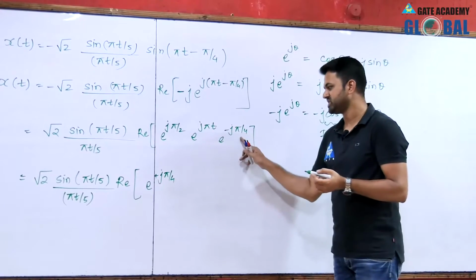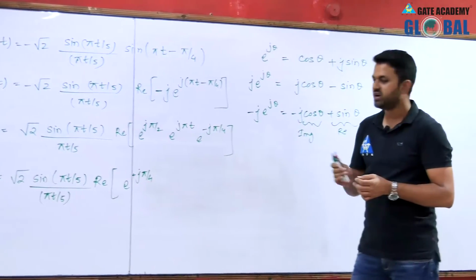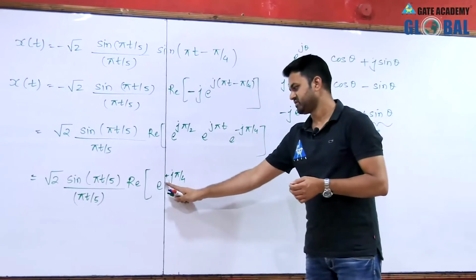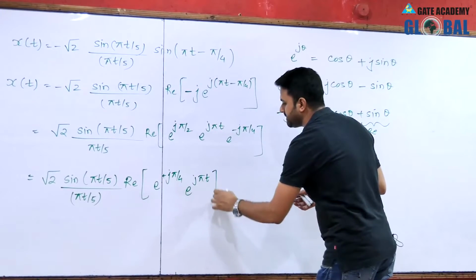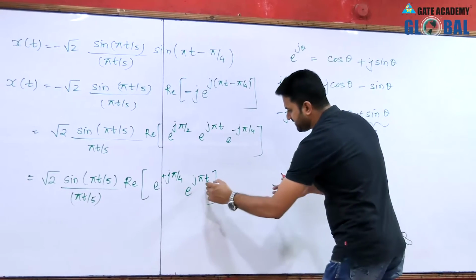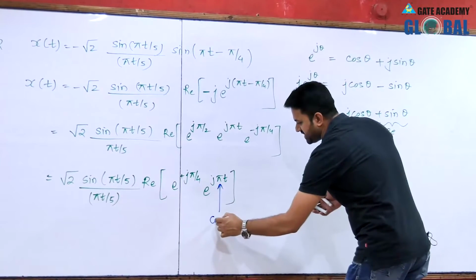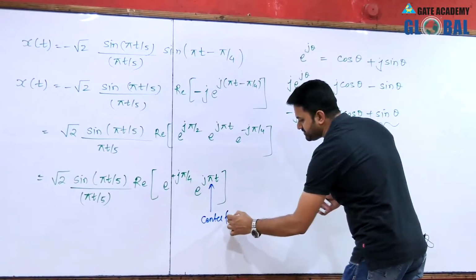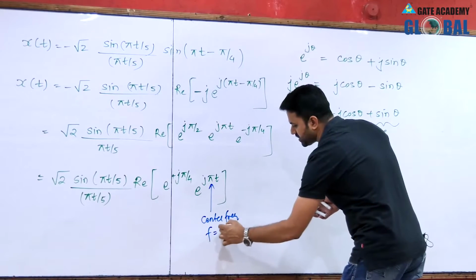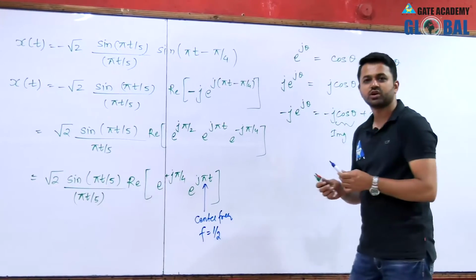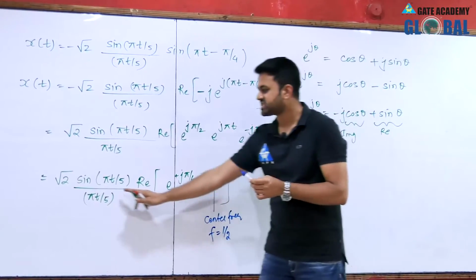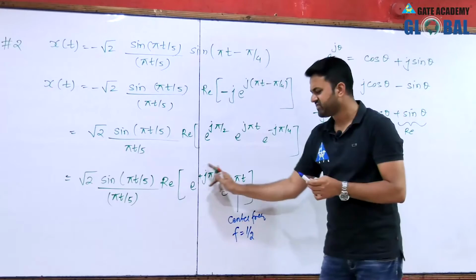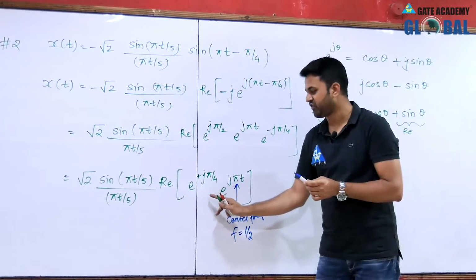So this is 1 by 2, this is 1 by 4, we will get 1 by 4 with plus sign. So this is plus sign, and e to the power j pi t. This has a center frequency f equal to 1 by 2. So the coefficient of this center frequency is the complex envelope. This term is common and this will become part of the complex envelope.